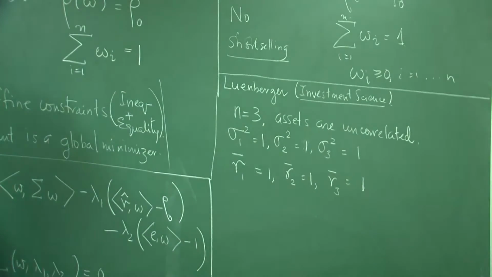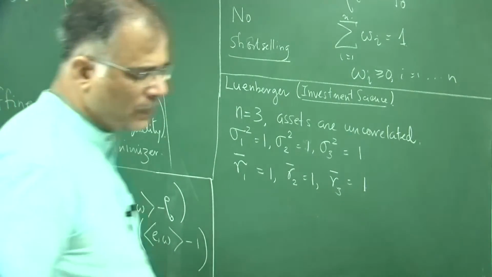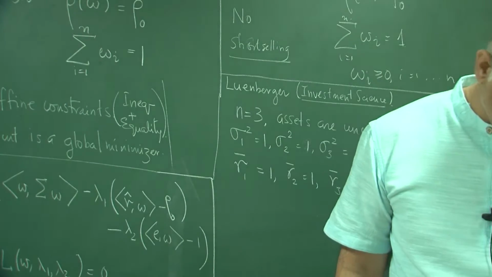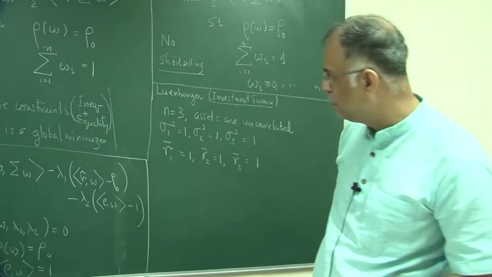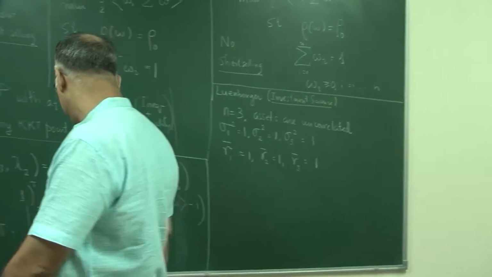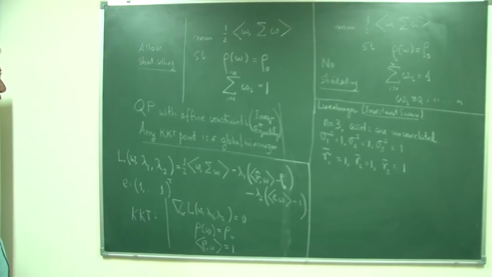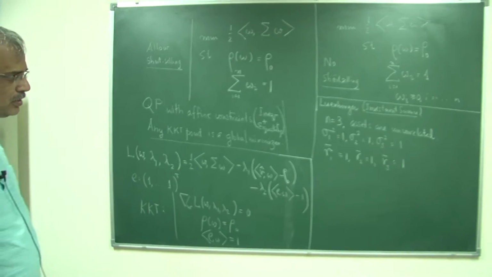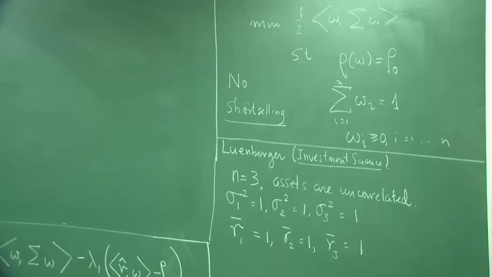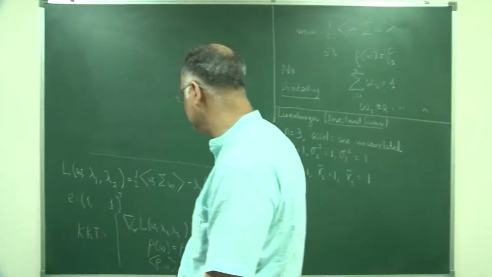So this data is given to me, right? Now I want to find what is my optimal W. That's essentially my job. So now we are going to write down this condition.